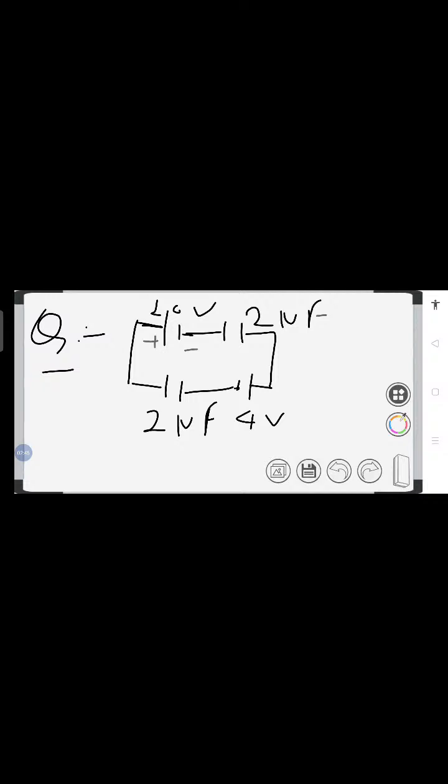So by this 10 volt supply, the capacitor on the right side will also be charged negatively, and the opposite side will be charged positively. When we go downwards, some charge Q is coming. Here it is the positive terminal and here the negative terminal, so the capacitor will be charged negatively on this side and positively on this side, minus Q and plus Q.